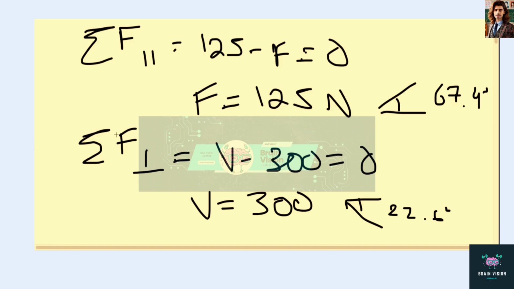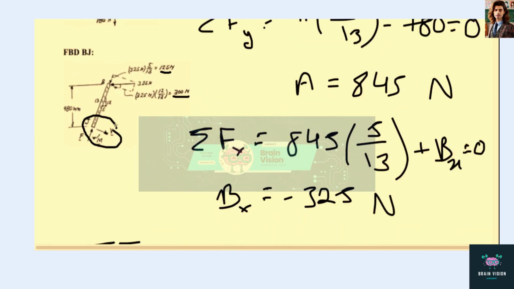And then finally, to find the moment, going back up here, we have found V, we have found F. We need to find this moment here. If we take the moment about this point, the only force that will cause a moment is the 325 Newton force, which is acting exactly 480 millimeters away.